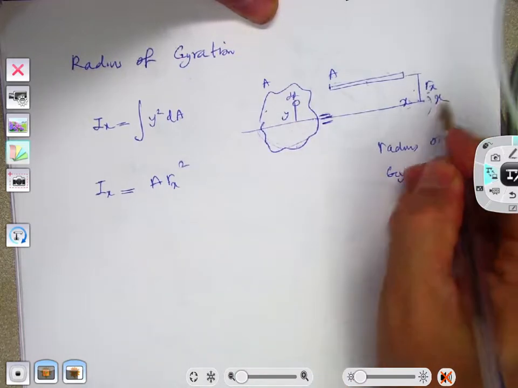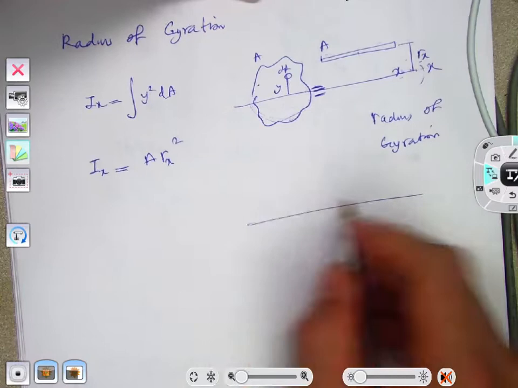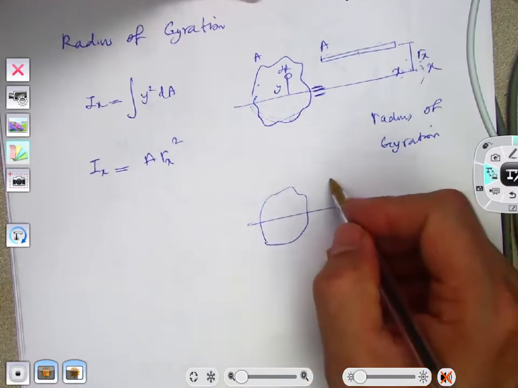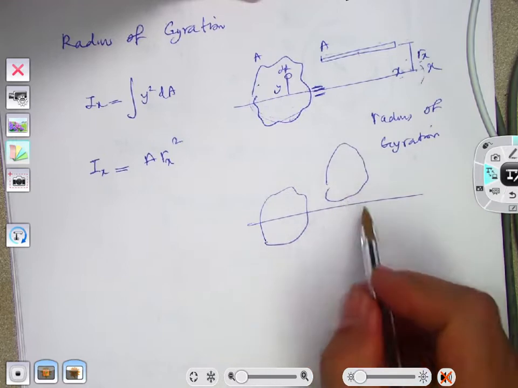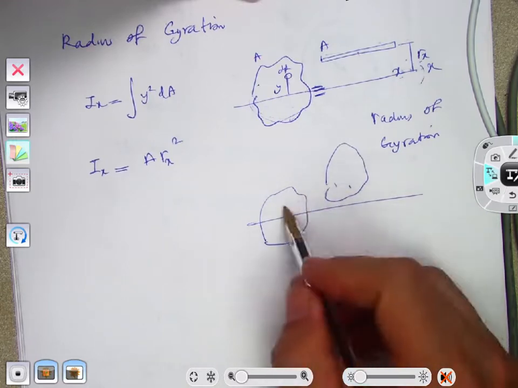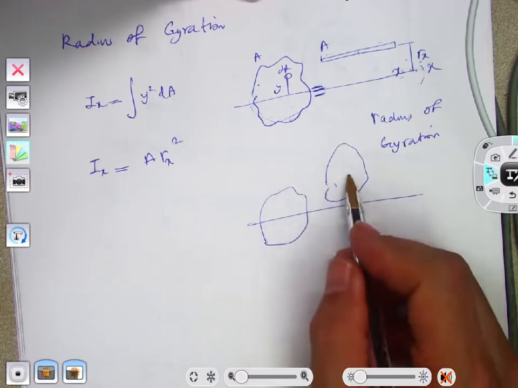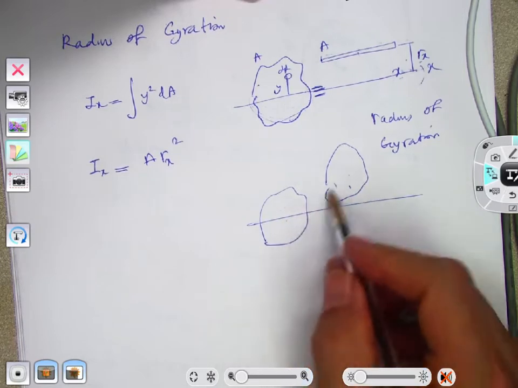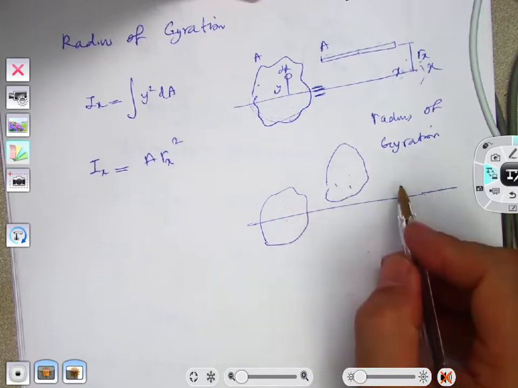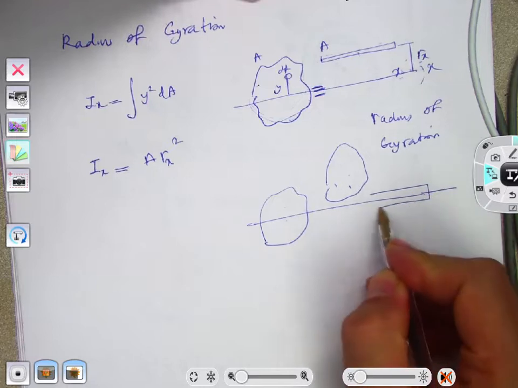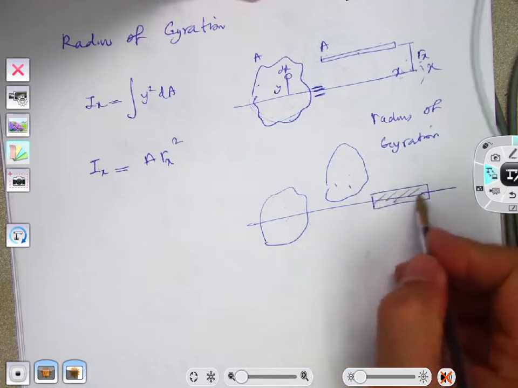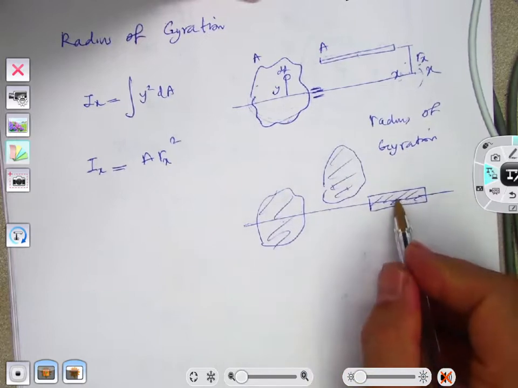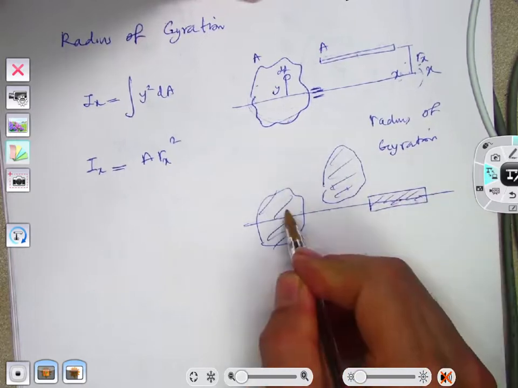For example, if you look at this case versus this case, and let's say the areas are identical, the moment of inertia here is bigger than here because it's farther. In this case, the moment of inertia is going to be less than this one.